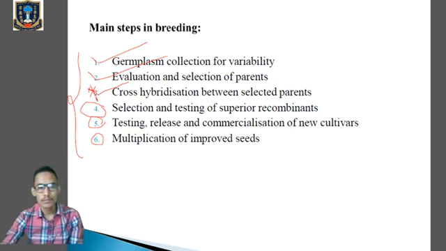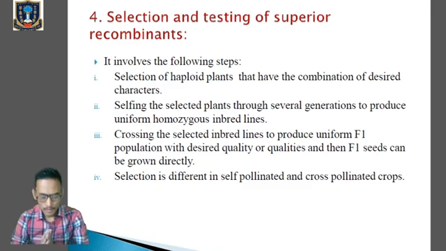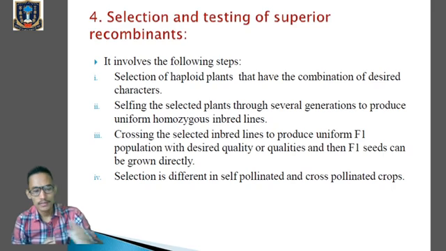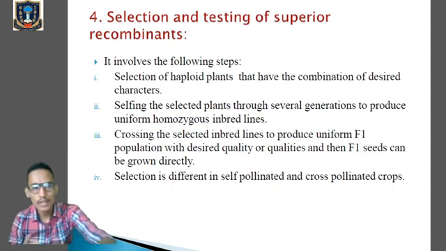Let us begin with the fourth step, that is selection and testing of superior recombinants. Recombinants means the hybrid progeny which will carry the characteristics of both the parents. That is called the superior recombinants.